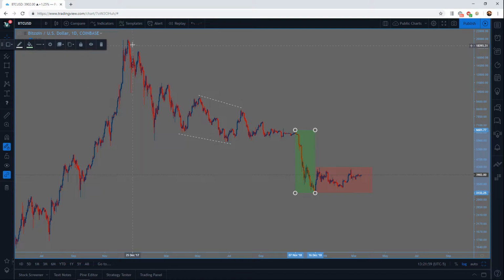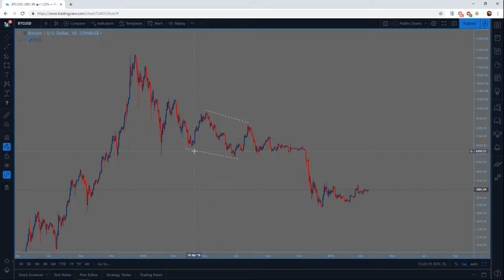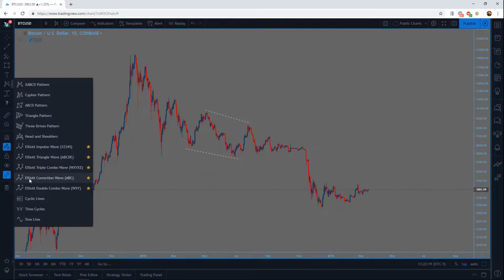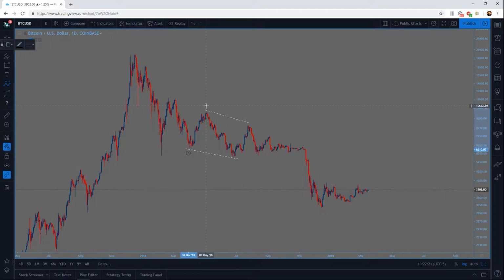Impulse correction. Essentially an impulse, although it's not, it's an ABC zigzag in my opinion. It's essentially serving as an impulsive move with a lot of corrective movement afterwards. So if this is a running flat, how does that fit into the rest of the count?